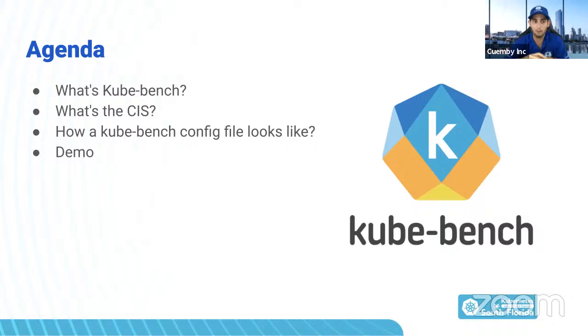What I want you guys to get out of this short video, even though it is an hour, it's still a short video related to security, is to wrap your head around what I can do with this. How am I supposed to look into security in terms of Kubernetes? There's a lot of information.